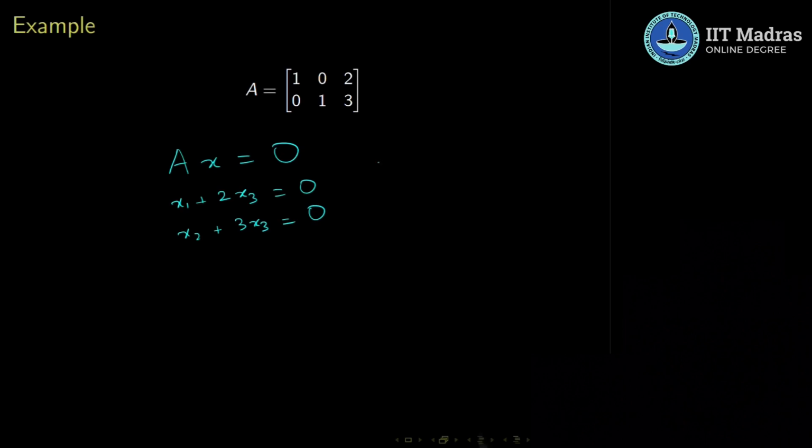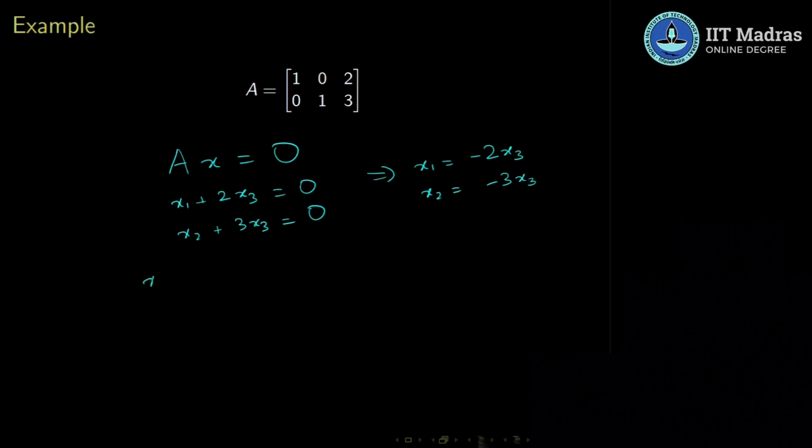You can see from these equations that x1 is minus 2x3 and x2 is minus 3x3. That is all that we need in order to get a solution. Whenever we substitute a value for x1 which is negative 2 times the value for x3 and x2 which is negative 3 times the value for x3, we get a solution.